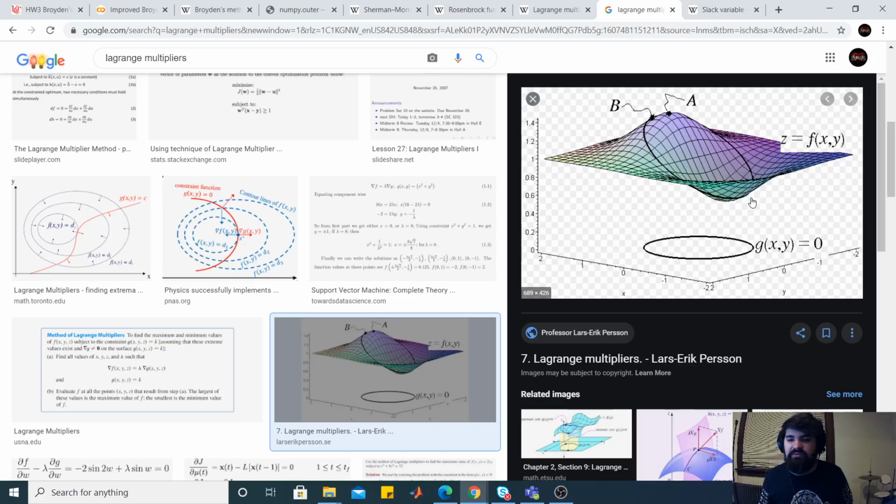And so if you just multiply this by the Lagrange multiplier to bring it up, it would be flush with the bottom of this concave here. And that makes more sense to me as to why Lagrange multipliers work.